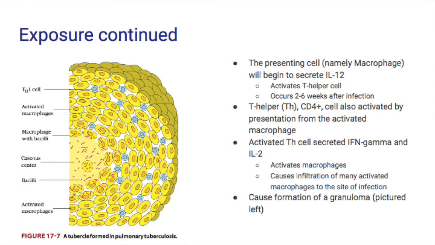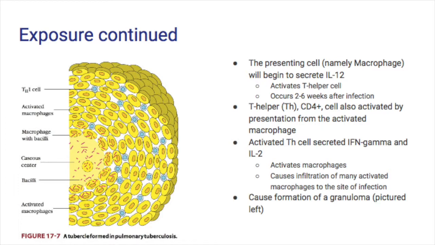Now I'll talk a little bit about what happens when that T helper cell gets activated and how it does that. The presenting cell, namely the macrophage, could also be a neutrophil or a dendritic cell, will begin to secrete IL-12 once it recognizes that it has engulfed a non-self cell. This IL-12 will go to activate a T helper cell. It'll give it that second signal as shown in the last figure.